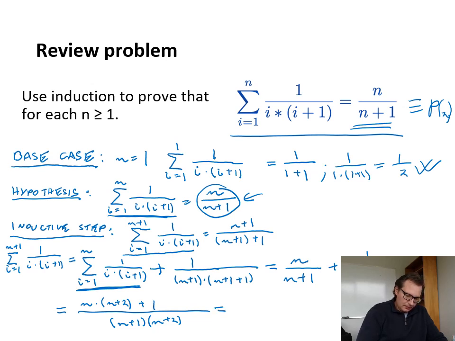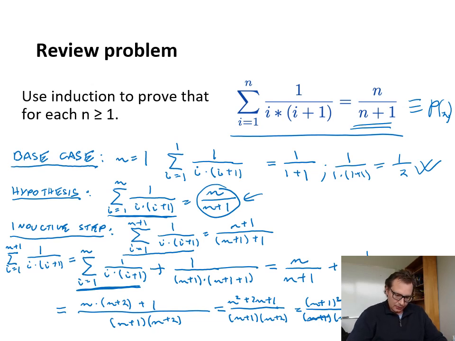That is equal to n squared plus 2n plus 1 divided by n plus 1 times n plus 2, and that is equal to n plus 1 squared divided by n plus 1 times n plus 2, and that is equal to, so these things cancel each other, n plus 1 divided by n plus 2.